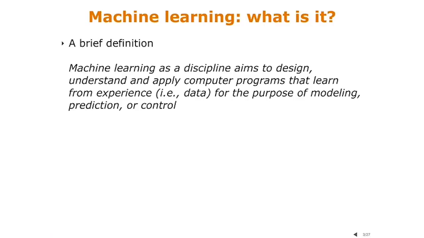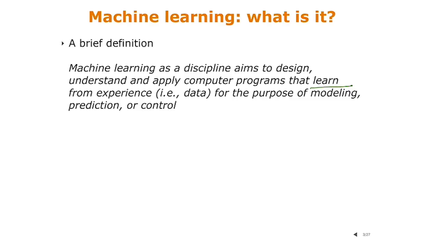So let's start by defining exactly what machine learning is. As a discipline, it aims to design, understand, and apply computer programs that really learn from experience. Okay? There are many ways to learn, or many reasons to learn. You can try to model, to understand how things work.